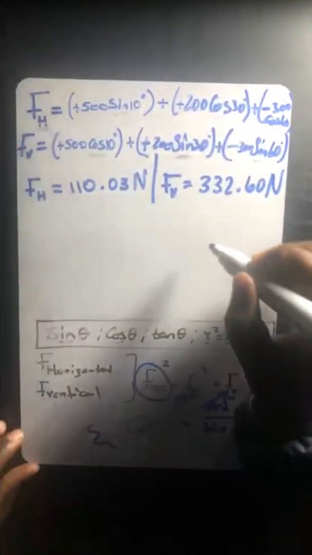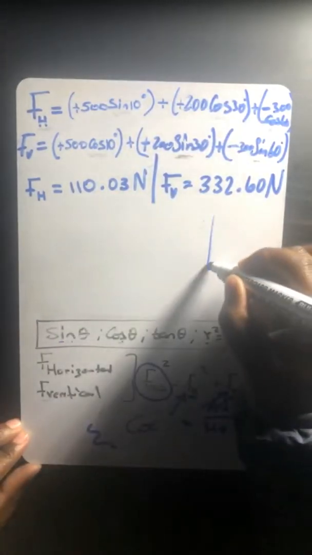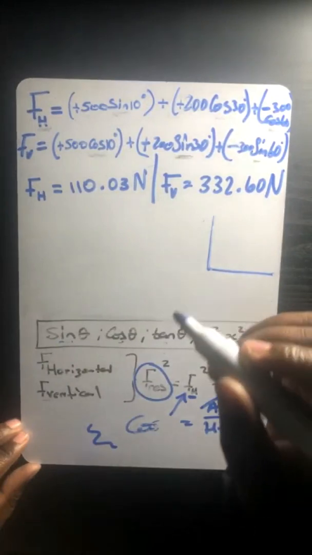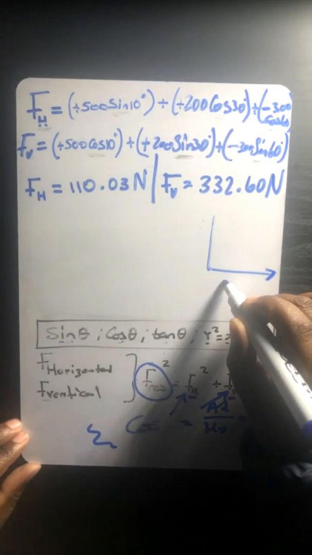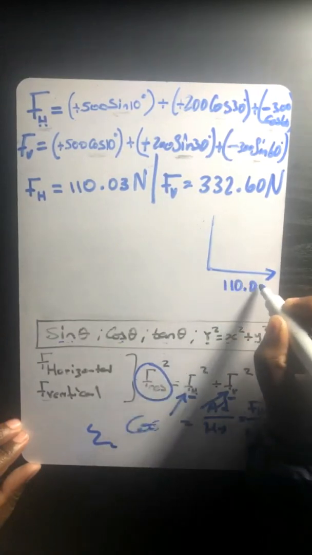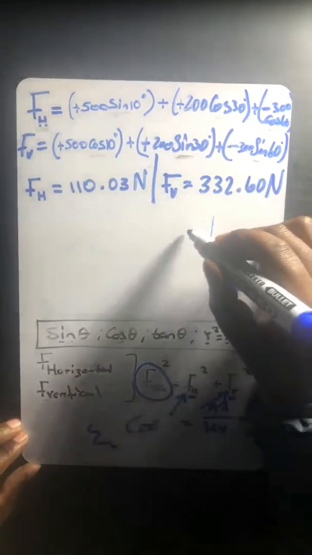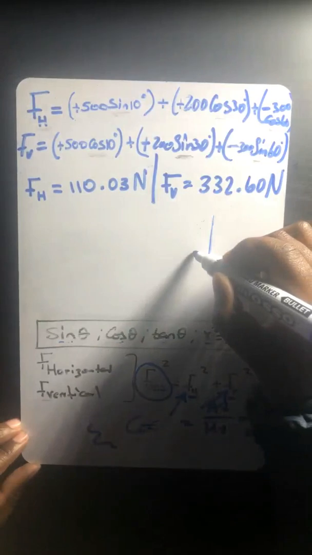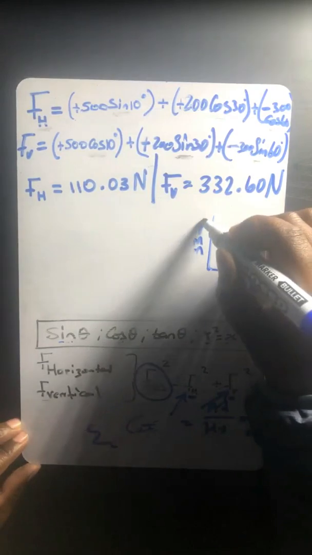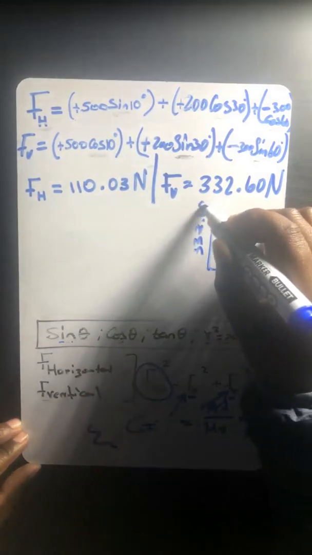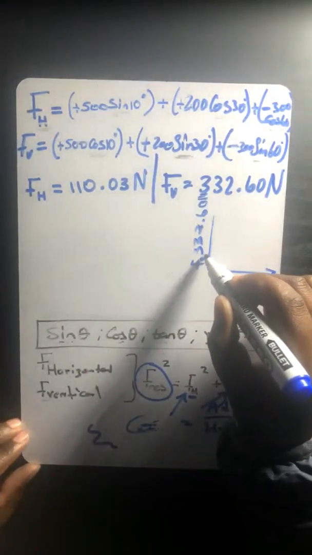So those forces acting at a certain angle are almost the same as just one force, which is a horizontal force which has a magnitude of 110,03 Newton, and at the same time a force, let's say 332,60 Newton, being the force vertical.